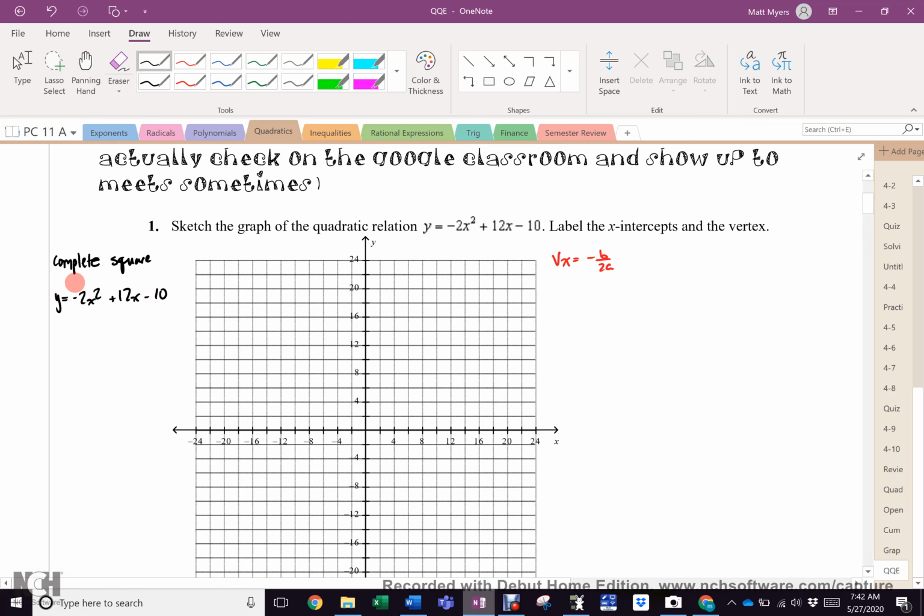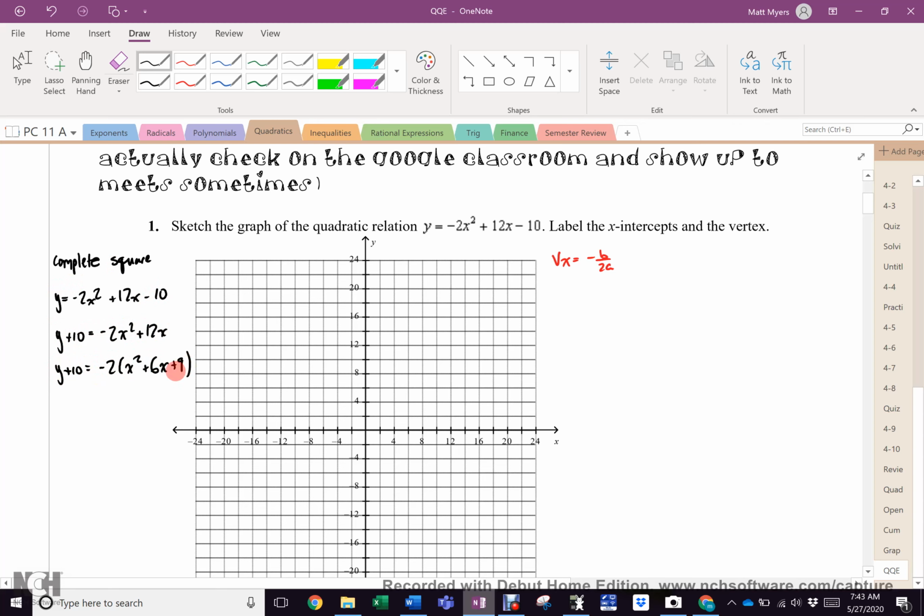I like to move that 10. y plus 10 equals negative 2x squared plus 12x. Factor out the negative 2: negative 2 times x squared plus 6x. Half of that is 3. 3 squared is plus 9.